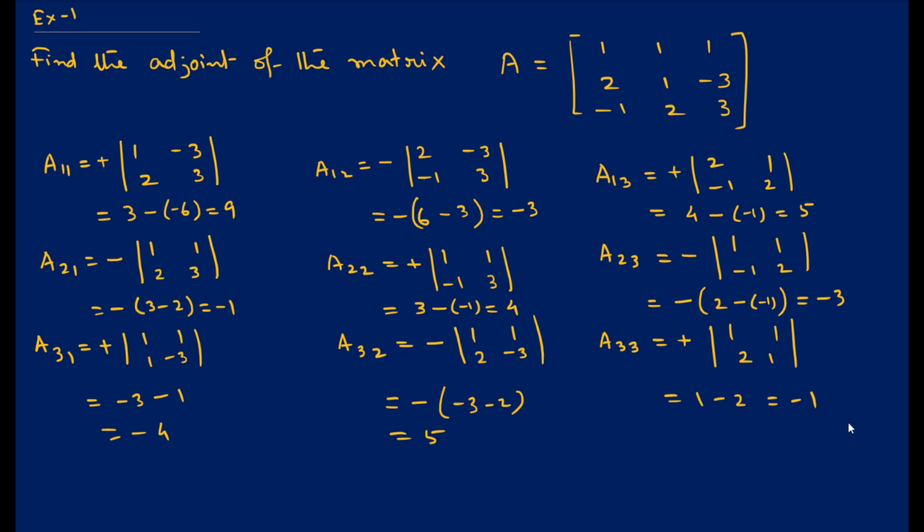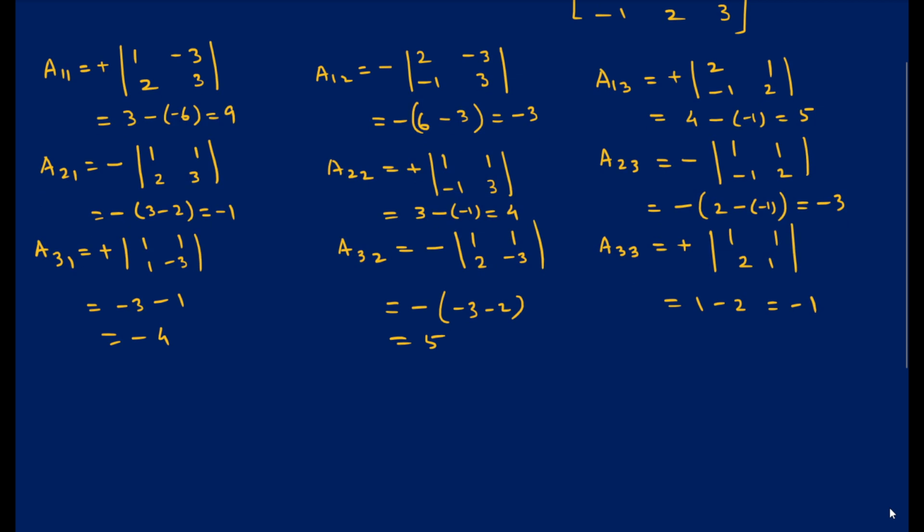So how many cofactors do we have? 9. हम लोग के पास 9 cofactor हैं. So पहले हमें क्या करना होगा, ये जो 9 cofactor हैं, इन्हें हमें cofactor matrix में लिखना है, एक matrix form में लिखना है, cofactor matrix. So you can skip this particular line also. I'll explain how. मैंने last video में बोला था that if it is a 3 by 3 matrix, then write 3 cofactors in one line. ठीक है, so A11, A12 and A13.